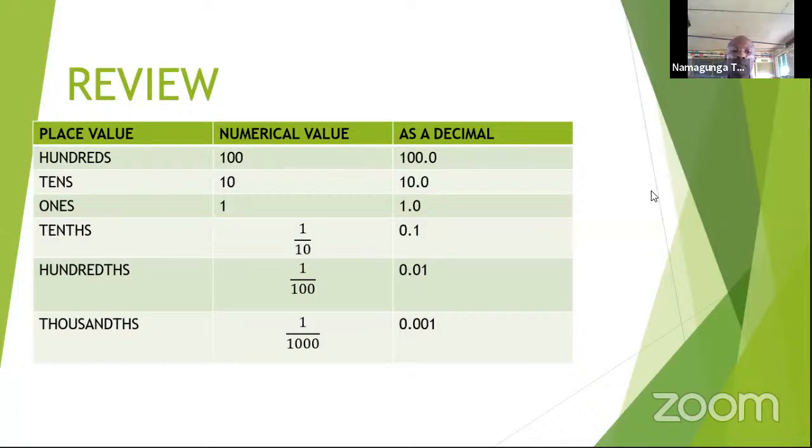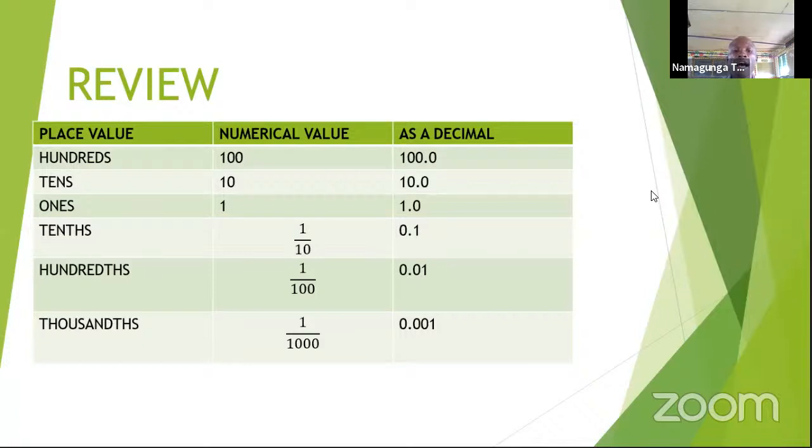Now we move on to the place values of digits which are on the right of a decimal point in a decimal number. We have the first one, the place value of the first digit immediately after the decimal point. That digit takes the place value of tenth, like we said.